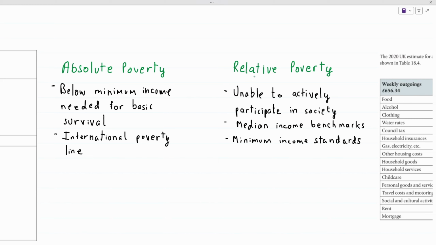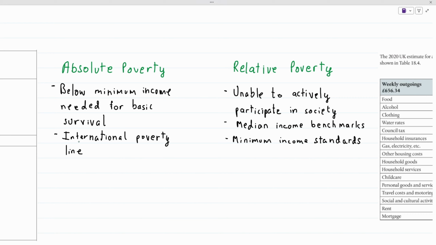In contrast, relative poverty is much different. The keyword here is obviously relative. The broad idea is that a person who's unable to actively participate in society is considered relatively poor. So again, here we take society into context. With absolute poverty, there really isn't any context.